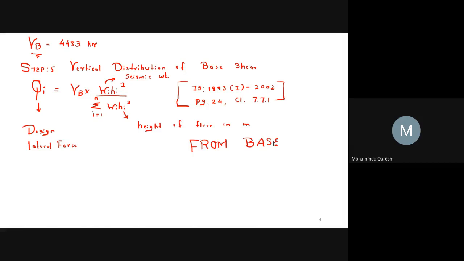Okay, now we will go for lateral load distribution with height. As we obtain the value of VB as 4483 kilonewton, we will first distribute all the floors. So here floor level 7th, which is nothing but roof, 6, 5, 4, 3, 2 and 1.